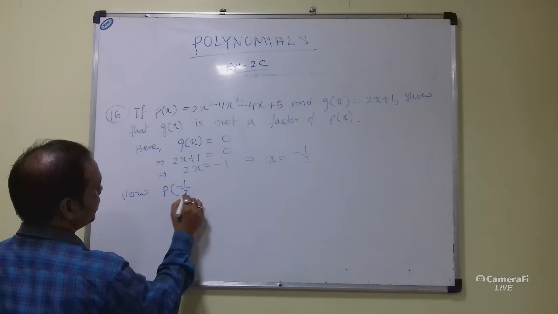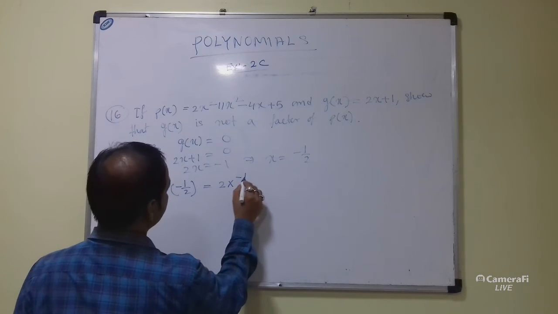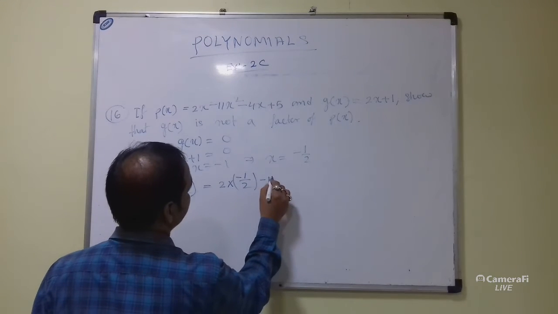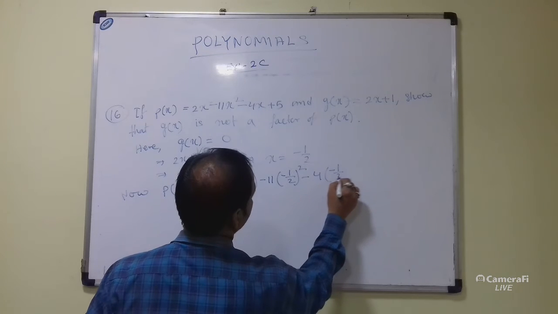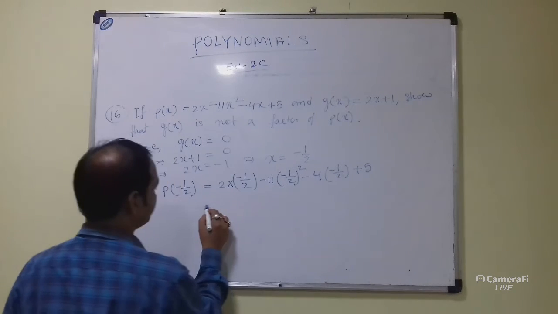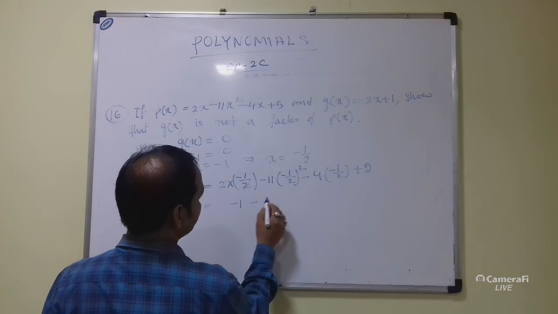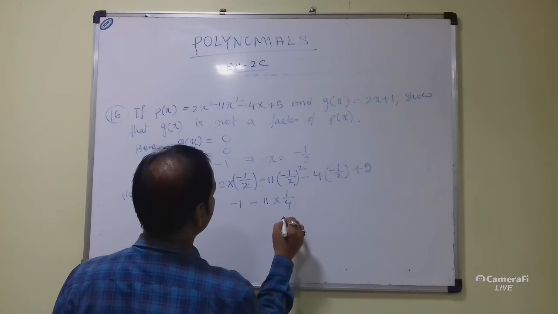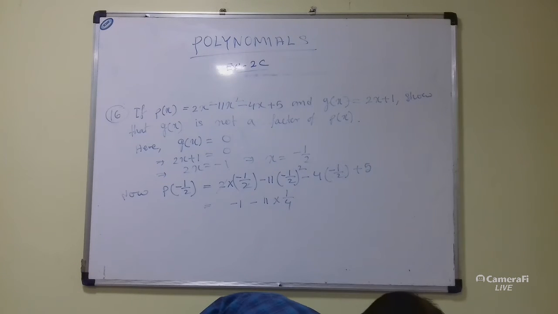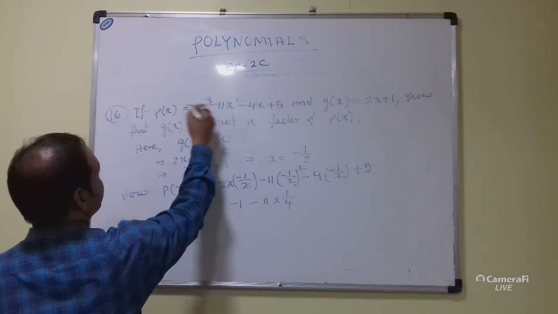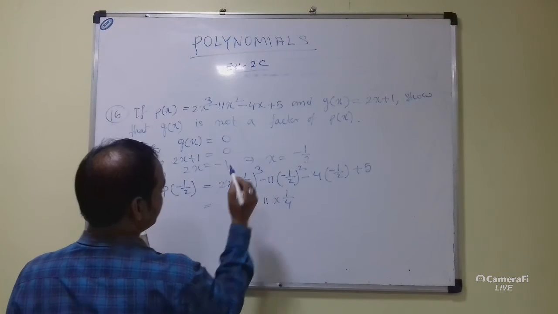So now p of minus 1 by 2 equals 2 into minus 1 by 2 cube, minus 11 into minus 1 by 2 square, minus 4 into minus 1 by 2 plus 5. Sorry students, it is 2x cube minus 11x square, so here it will be x cube.